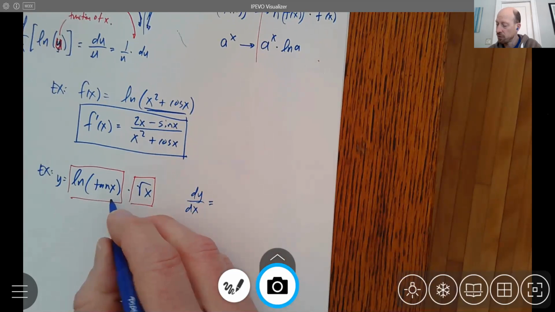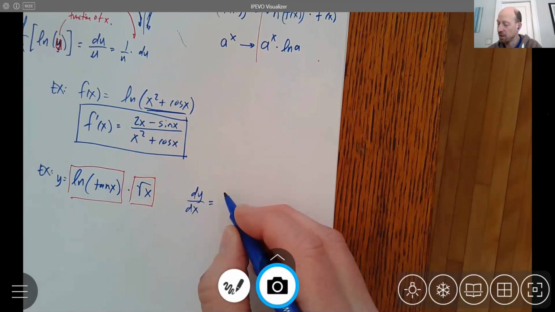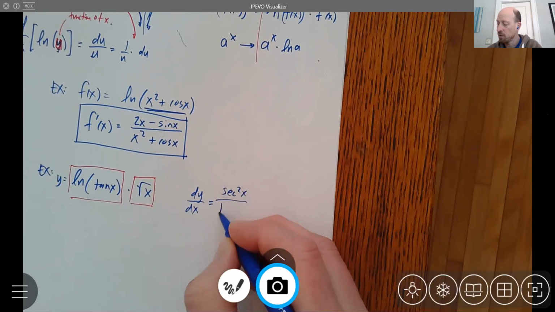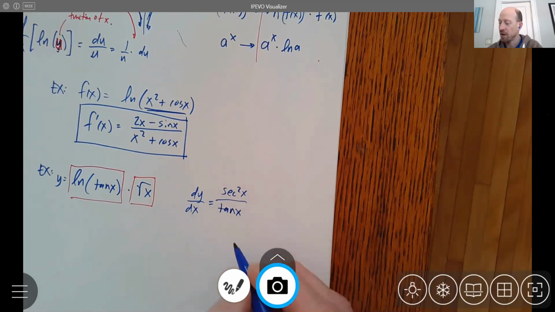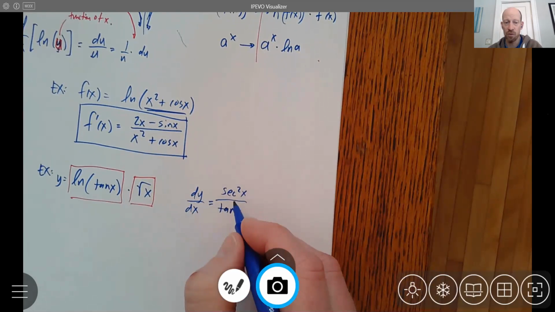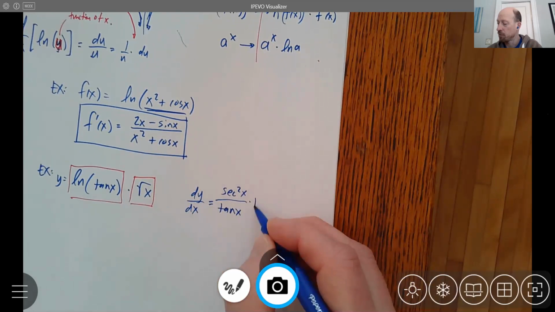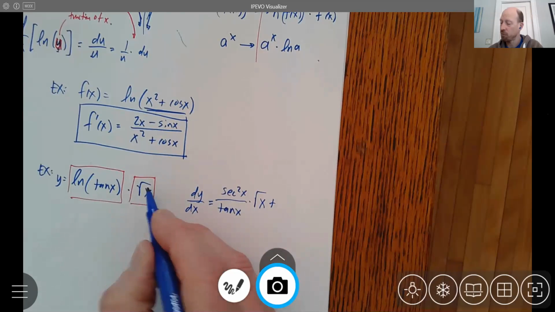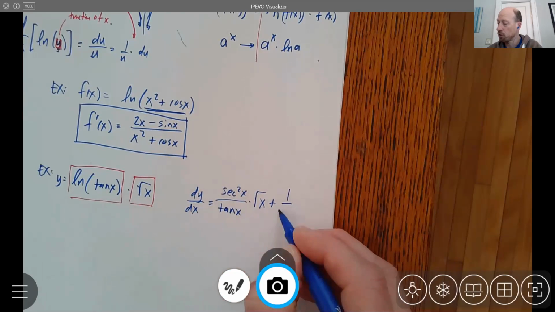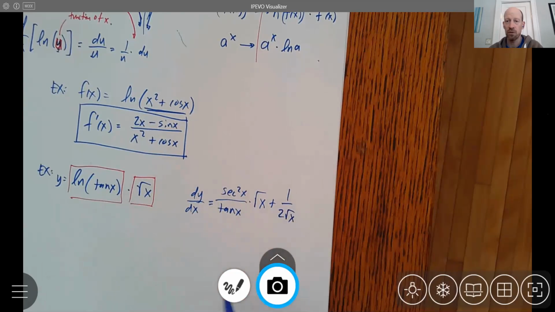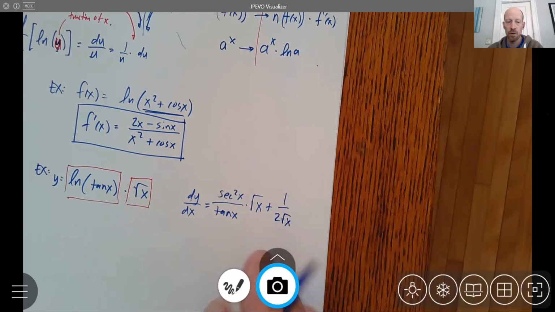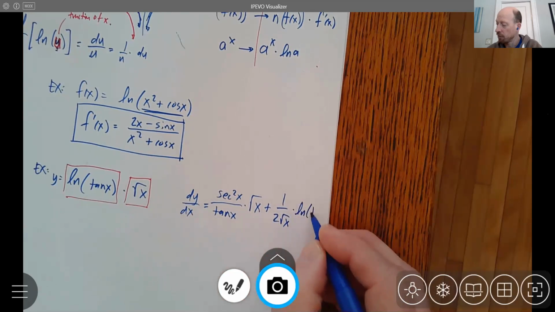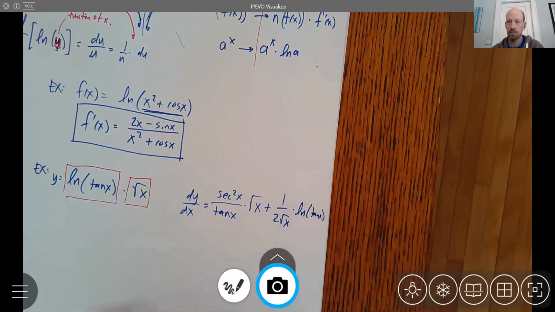So the derivative of this is the derivative of tangent, which is secant squared, divided by tangent. This is my du over u pattern, times the square root of x, plus the derivative of my second function. The derivative of the square root is 1 over 2 square roots, times my original function, natural log of the tangent of x.